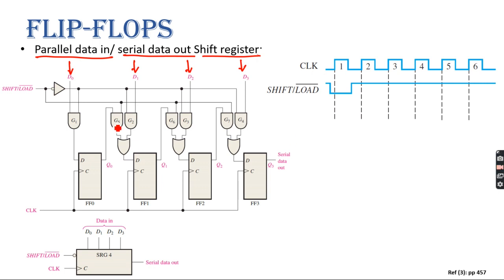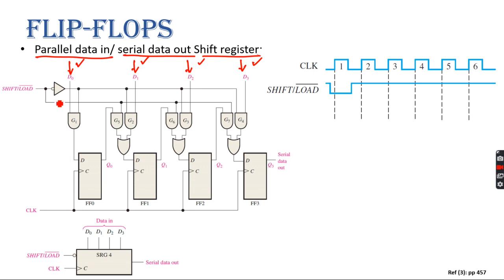So how many bits are here? 4 bits. These 4 bits will be shifted from one flip-flop to another in 4 clock pulses. You got my point, right?